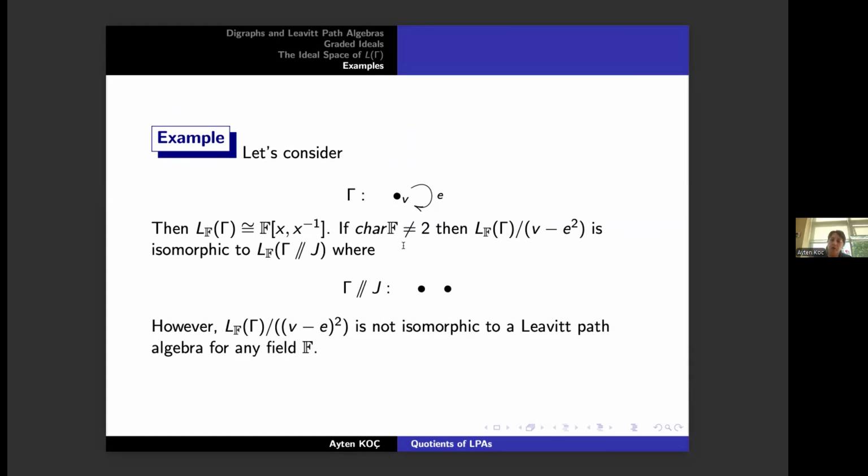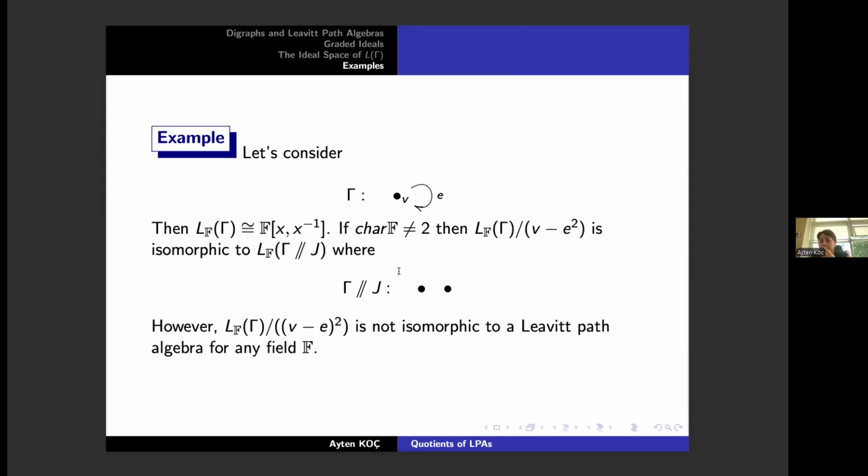If the characteristic of the field F is not 2, then the quotient L gamma over the ideal generated by v minus e squared is isomorphic to the Leavitt path algebra of gamma double slash J, where gamma double slash J is this one, and our polynomial 1 minus x squared has degree 2. So we replace this loop by 2 isolated vertices, and then we obtain our result.